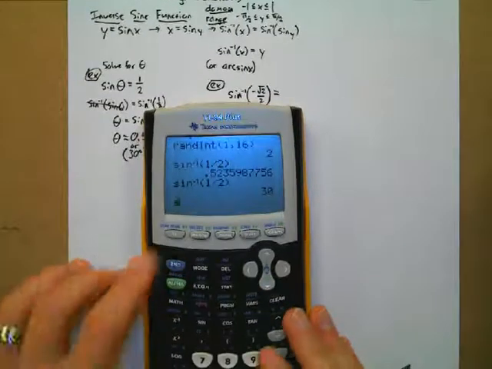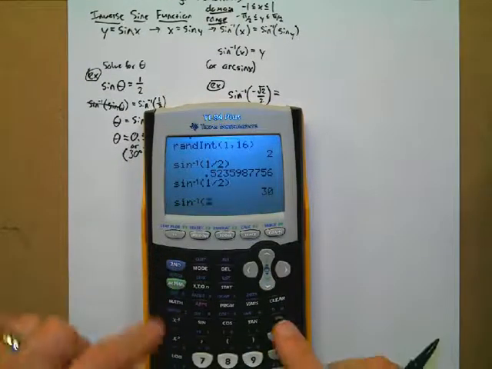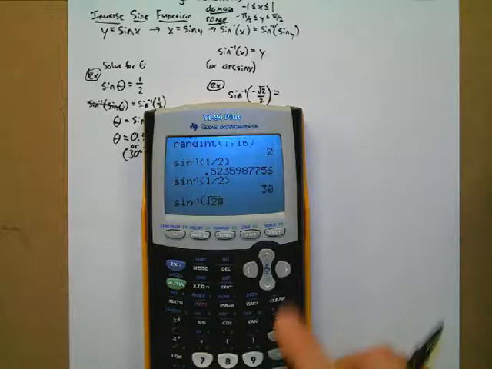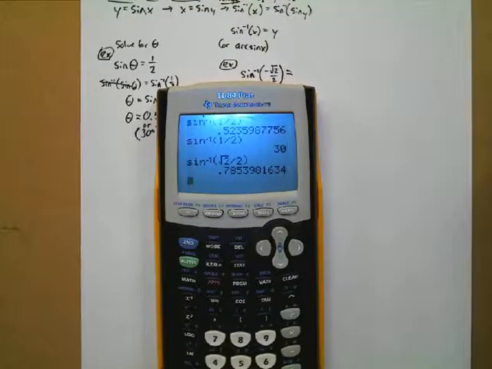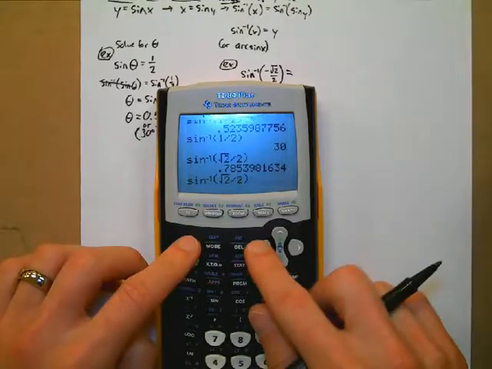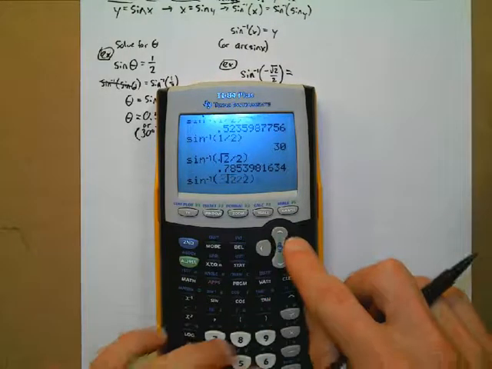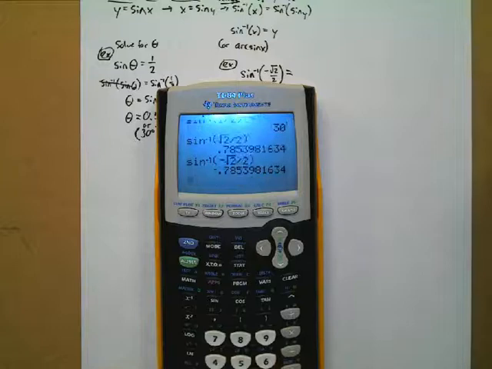Oops, negative root 2 over 2, Mr. Widmeyer. There we go. So it is negative 0.785, which is the same thing as negative pi over 4. And again, we're not so worried about that right now. We'll worry about the precise values more next unit.